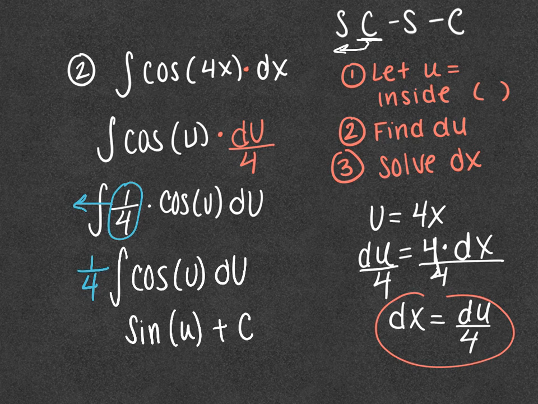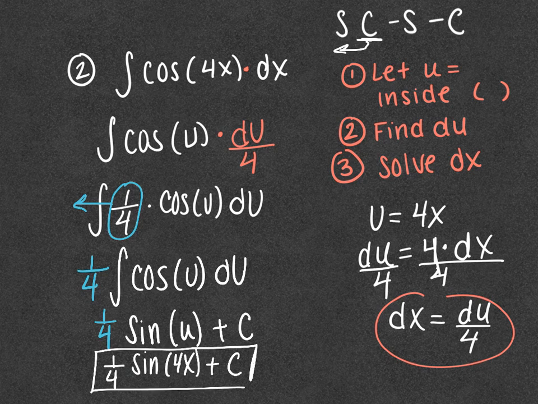And then don't forget the 1/4 that goes in front. And then all we have to do is put u back in. So my final answer is 1/4 sine of 4x plus c. And that's it. That's an integration with trigonometry using U substitution. All right, let's try another problem.